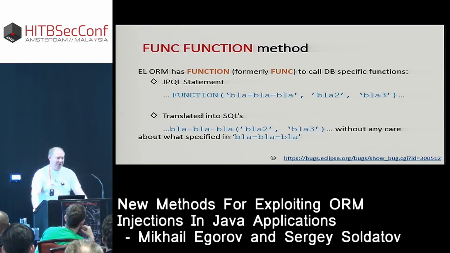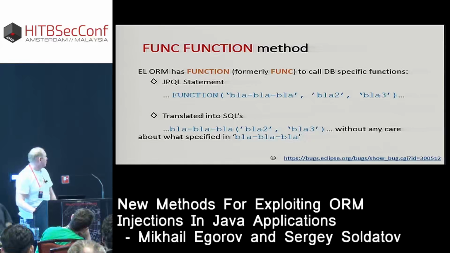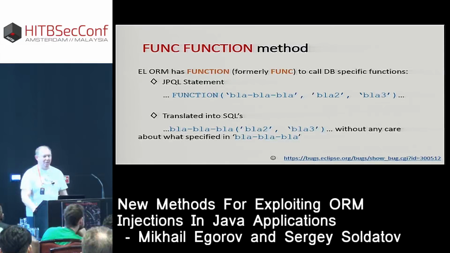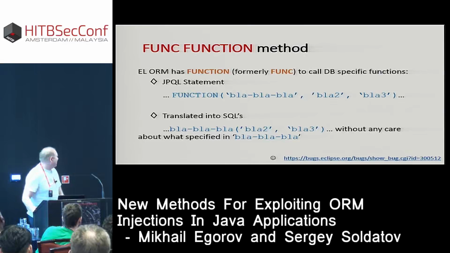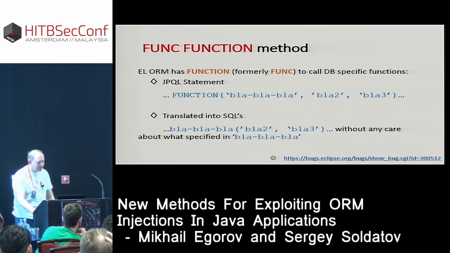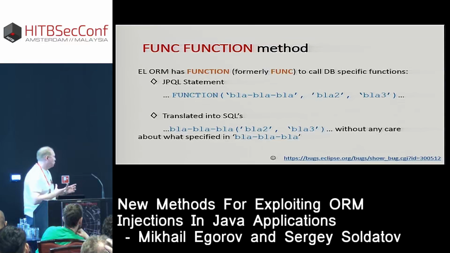Diving into the documentation, we found that this ORM has a magic function, and guess how it's called? It's called function. It's worth noting that this function exists because of a reported bug. Developers complained that they needed functionality to call arbitrary database functions, and now this function is present.